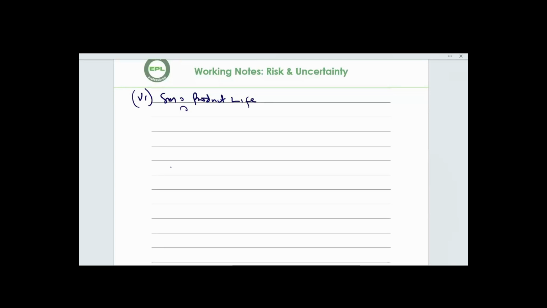So sensitivity margin of product life is computed as product life minus break-even points of product life, over product life, all multiplied by 100 over 1.